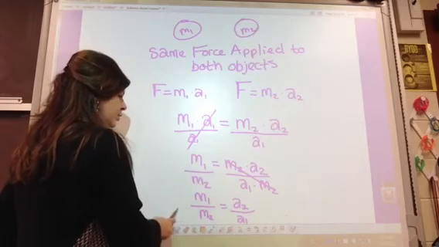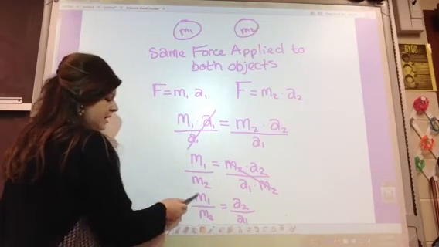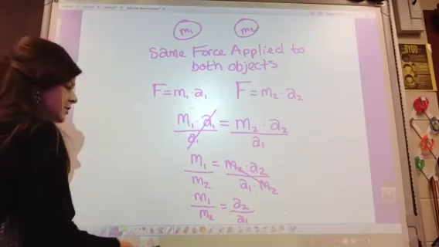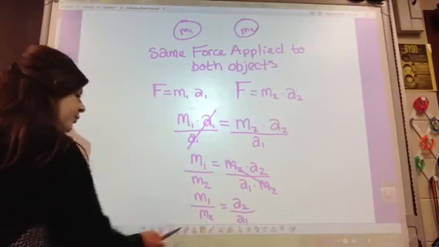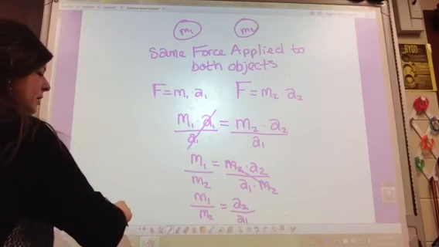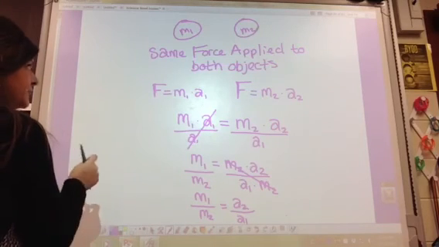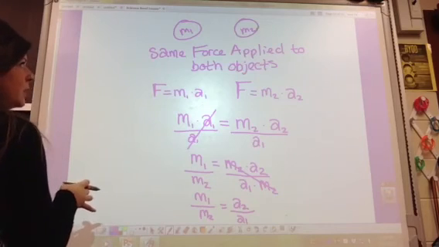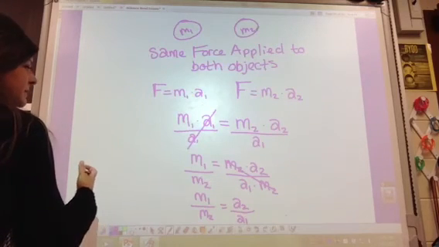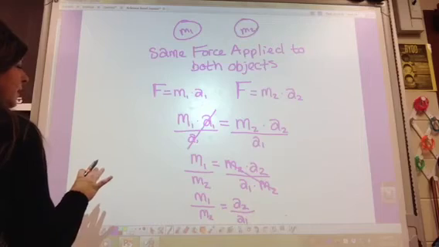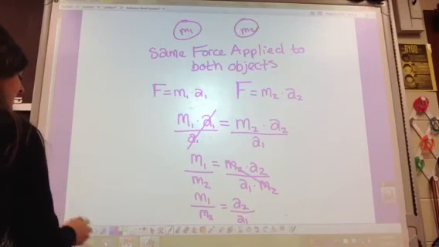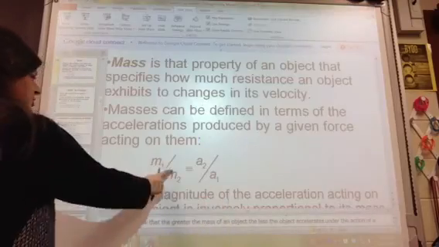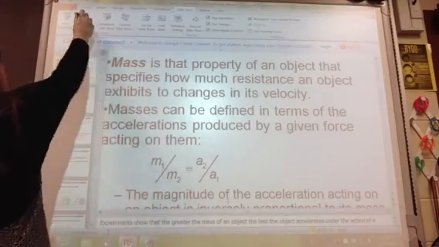Ultimately, if I do all my math here, m1 over m2 will be equal to a2 over a1. So I can see that I have an inverse relationship between the mass of that first one and the acceleration of that first one. If I'm applying the same force to two different objects, I can show that their mass and their acceleration are inversely proportional, which is what this is showing right here.